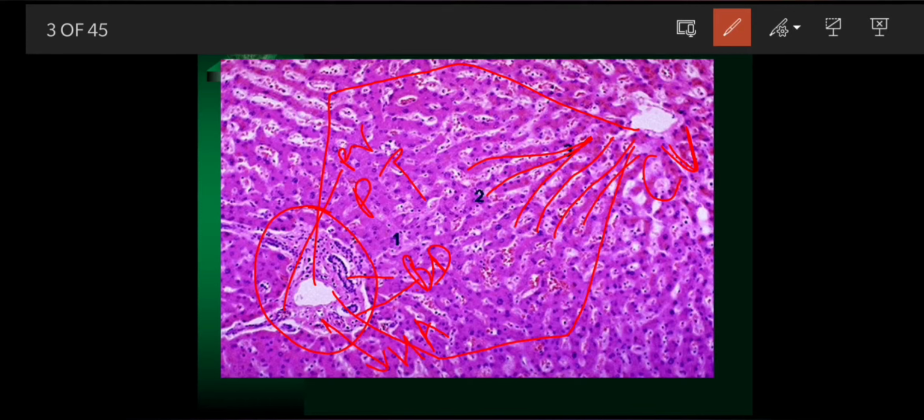So this is a particular functional triad which I can show you, though I'm just showing a vague picture of the zones. This is mostly a classical lobule which has multiple portal triads, but in the functional lobule the portal triad will be the center.